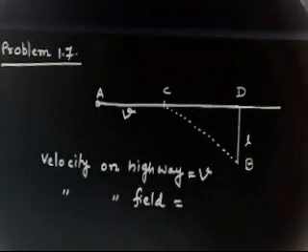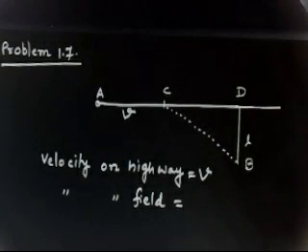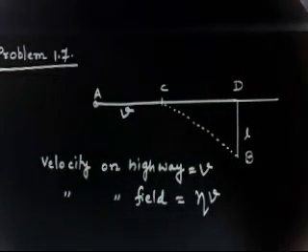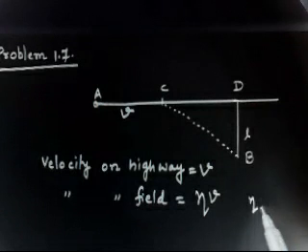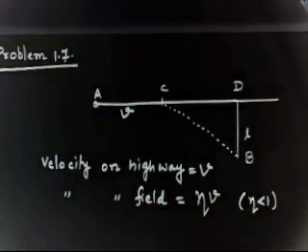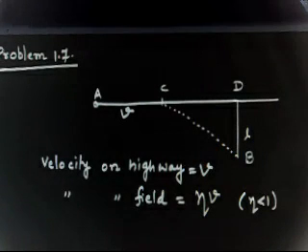Basically, if I say eta is less than 1, then eta times v is the velocity in the field. Eta is basically less than 1. This is not given in the problem, but we can assume that eta is less than 1.